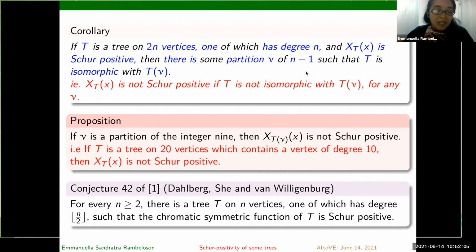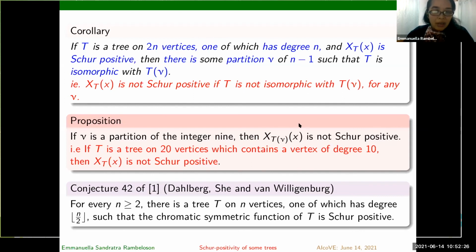Specifically, if n minus 1 here is 9, then we have 29 trees to compute. And I think we can compute them very well. However, we may need to wait 30 minutes to compute all of them.